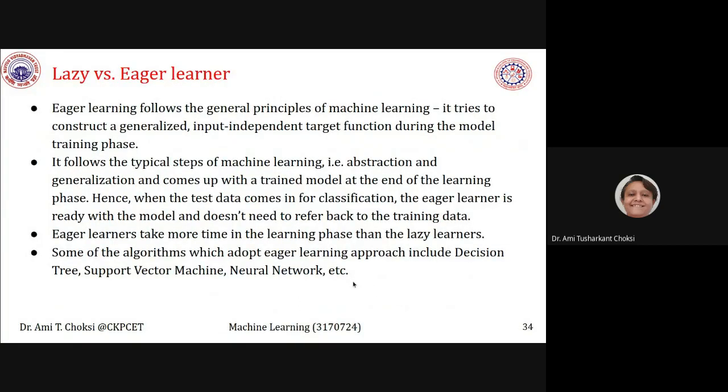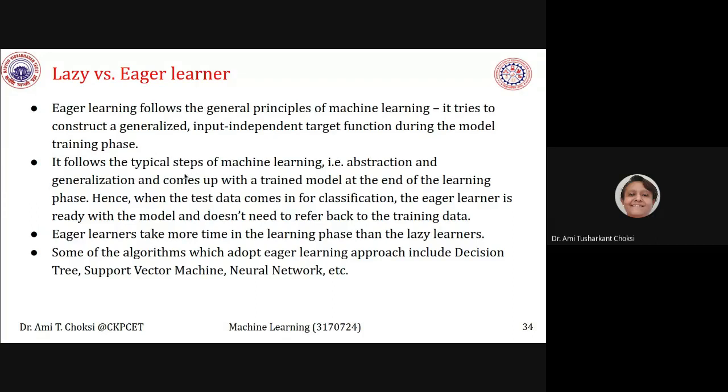Now, the next thing we want to learn for training models is lazy versus eager learner. See, in a particular class also, there are lazy learners or eager learners. So what are they? Eager learning follows the general principle of machine learning. It tries to construct a generalized, input independent target function during the model training phase.